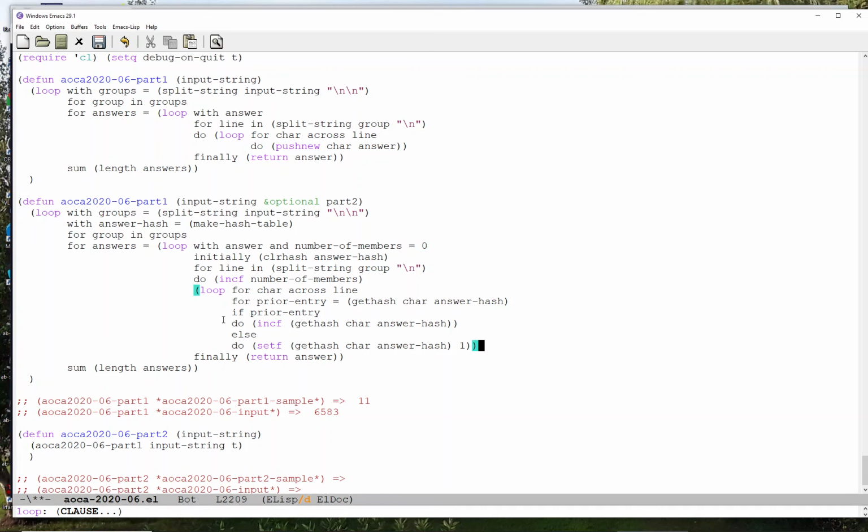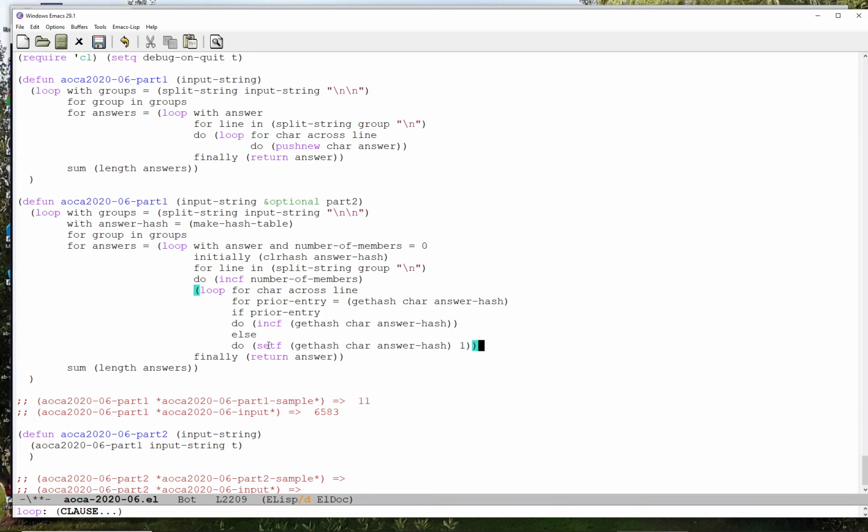and friends are also Lisp macros, and they're very useful because here where I say setf of the get hash, I'm just providing the function that gets an entry from the hash table, but the Lisp system under the covers knows how to transform that into a get the current answer and then update it using, in most cases, it's called sethash, but whatever it's called in that particular Lisp system, that's what it knows how to use.